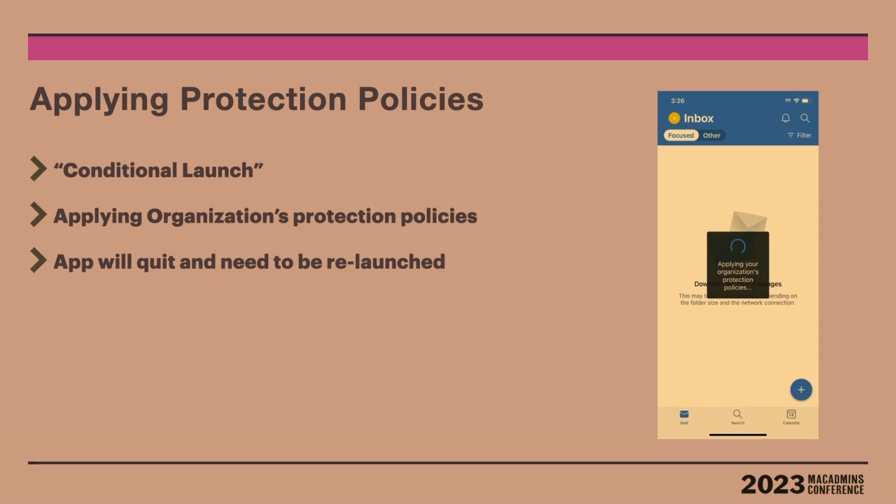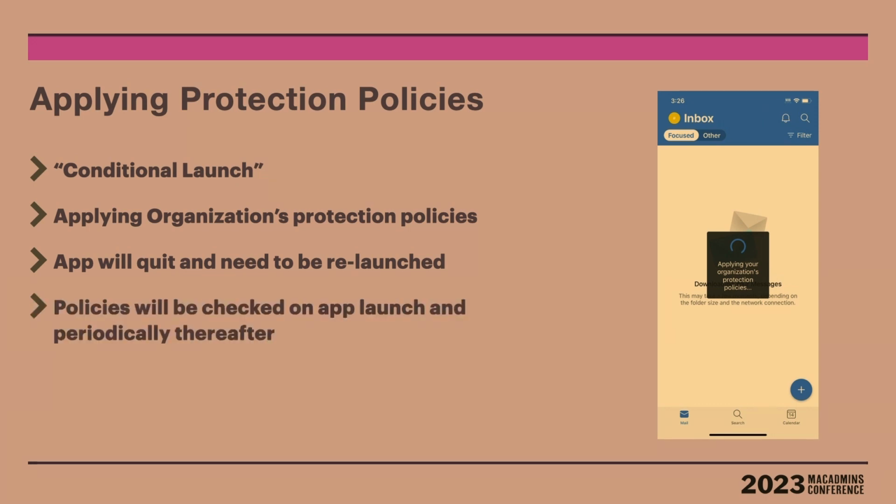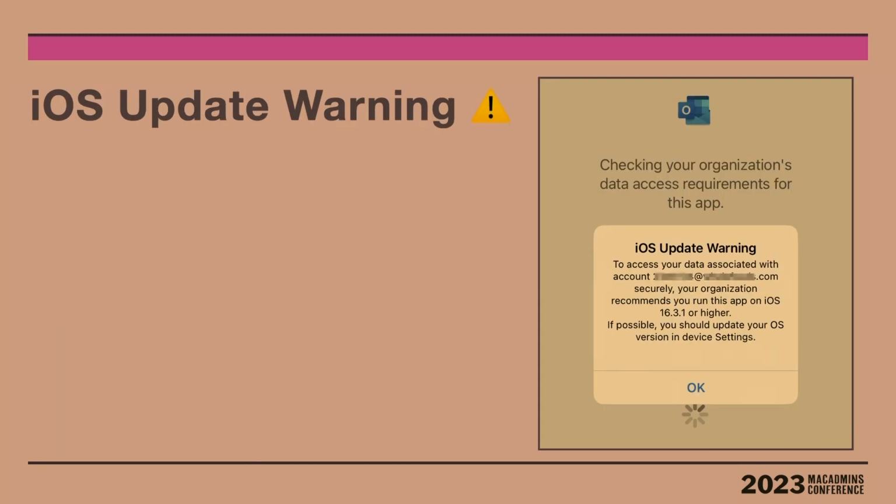The app will quit and will need to be relaunched. The policies will be checked on app launch and periodically thereafter, and you can set how often that periodic check is. Then, oh no, your device doesn't have 16.3.1. So the conditions are checked on app launch.